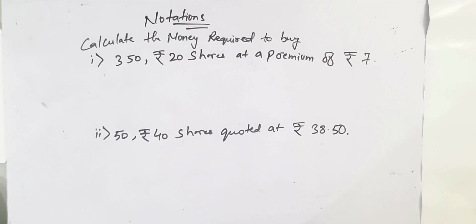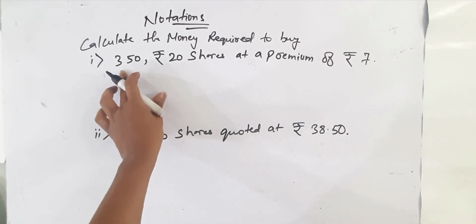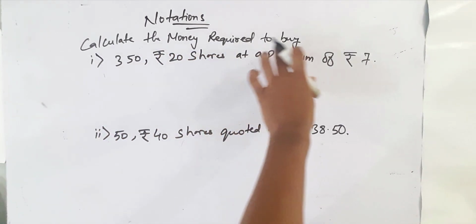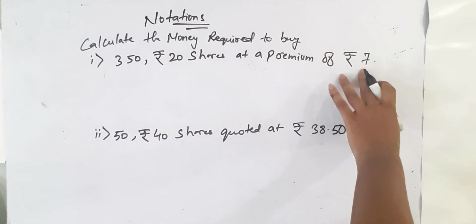Now I will explain how to fetch the data out of these notations. Here it is written rupees 350, calculate the money required to buy 350 rupees 20 shares at a premium of rupees 7.